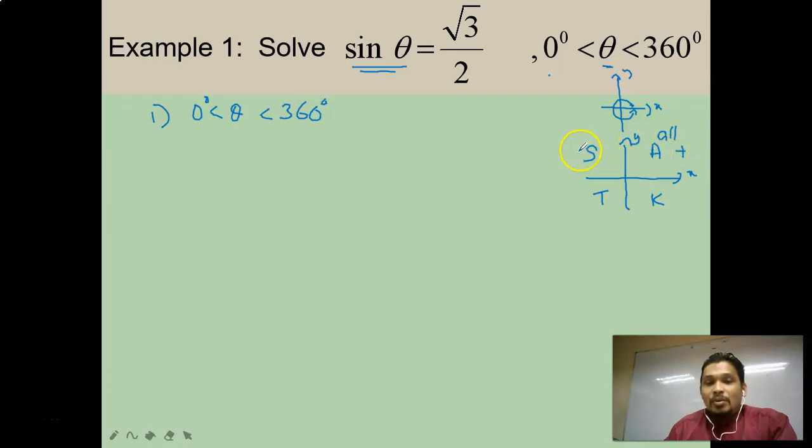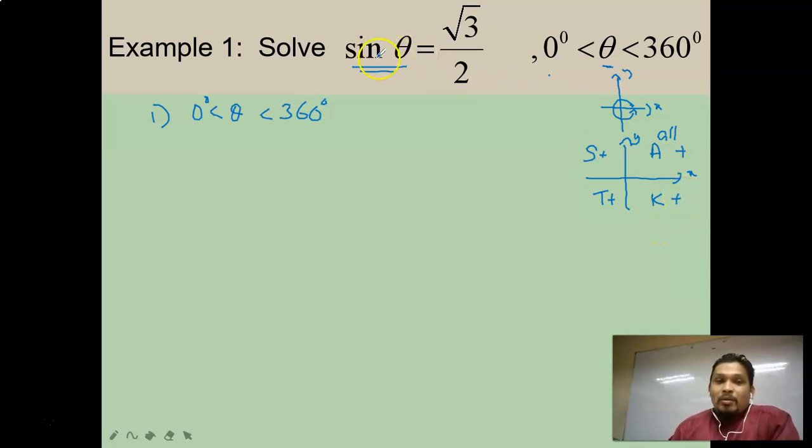So in second quadrant, it's only S, sine. The sine is positive, meaning that the tangent and cos in second quadrant are negative. In the third quadrant, tangent is positive, so sine and cos are negative, and in the fourth quadrant, cos is positive, so sine and tangent are negative.